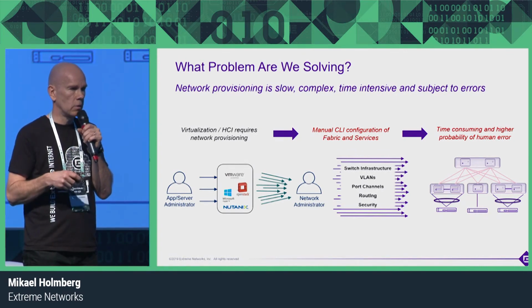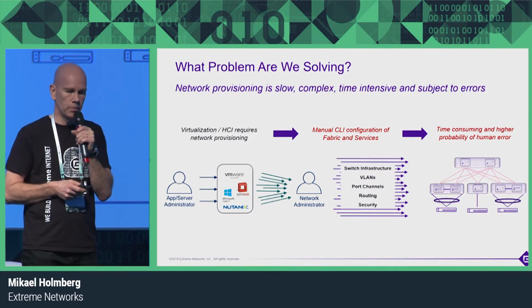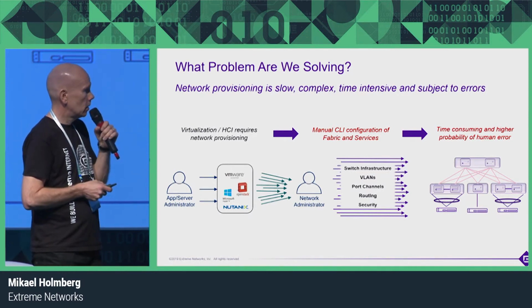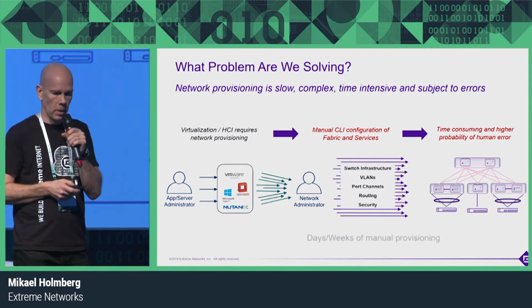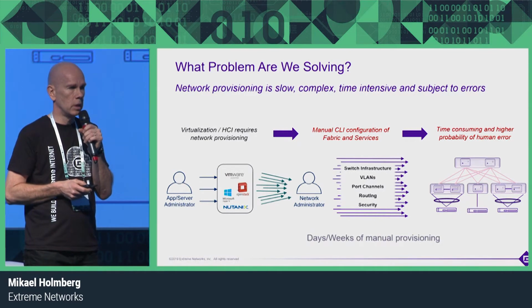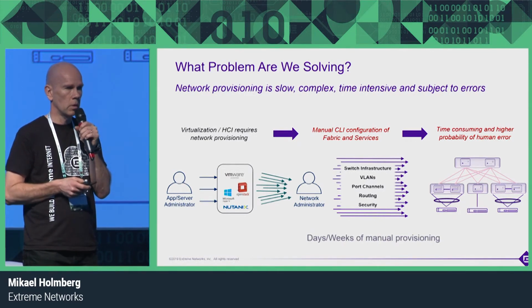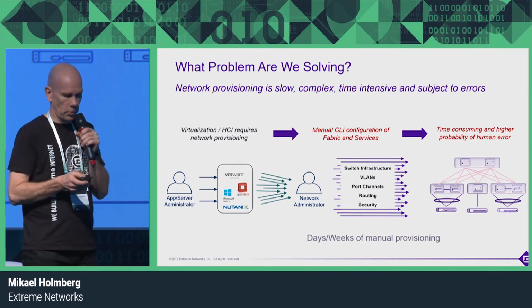Different aspects of the network part here. And then it might take days or weeks to provision this, due to humans talking to each other and making sure that we get our job done. So this is the problem we are trying to solve.